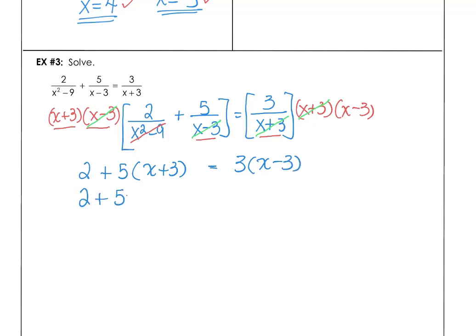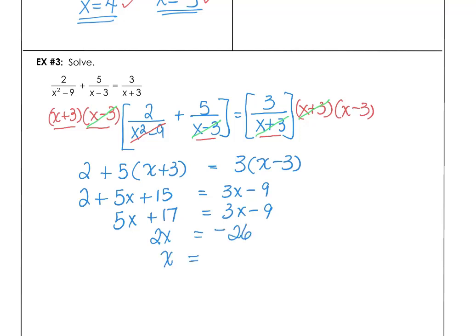Distributing through, we have 5x plus 15, and then on the right, 3x minus 9. So 5x plus 17 is equal to 3x minus 9. And collecting like terms, 2x on the left is equal to negative 26 on the right, so x is negative 13.